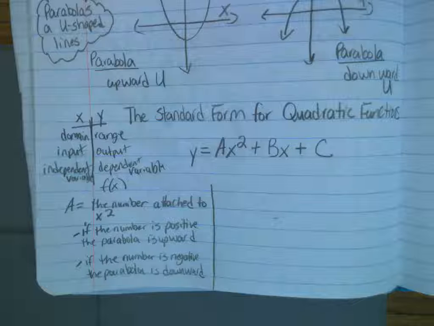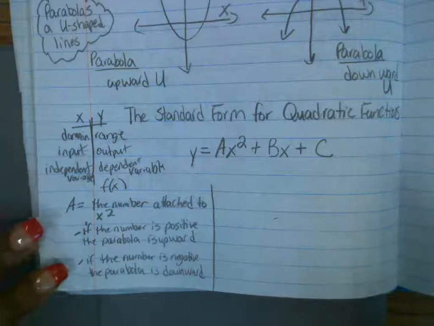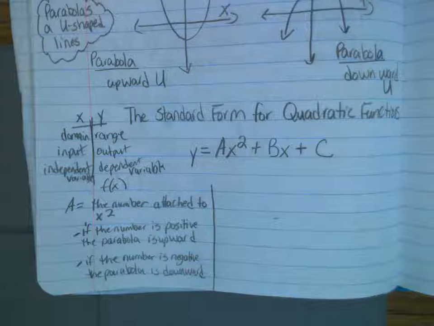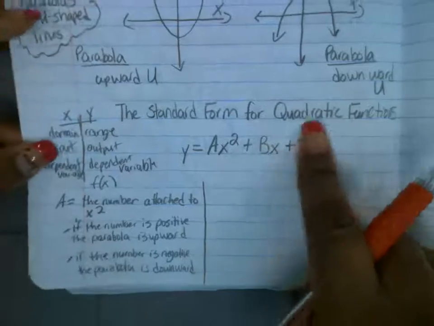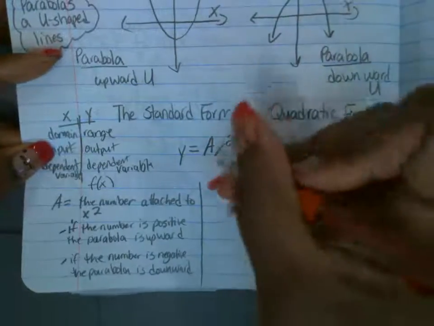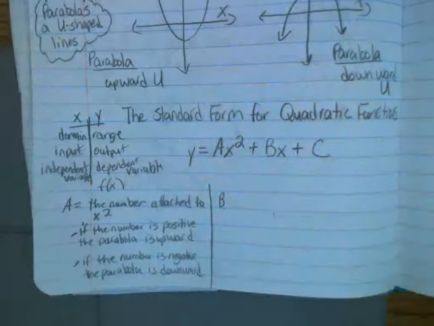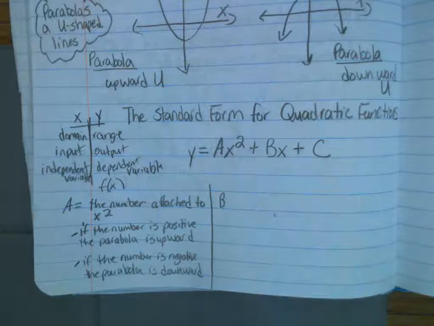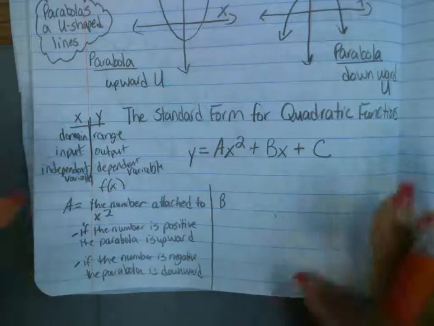Now we're going to focus on what b is, okay? And I'll pause for the class to give you a chance to write. Are there any questions so far? Now we're going to talk about what the b is in the quadratic function. So let's talk about b now. Your b in the quadratic function is going to shift your quadratic function from left to right, okay?